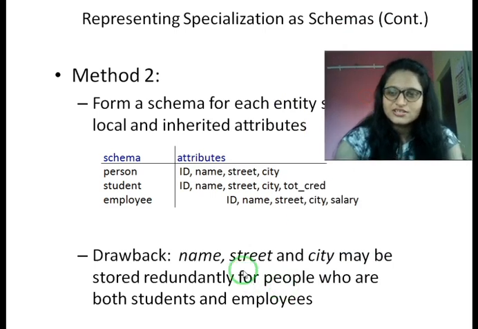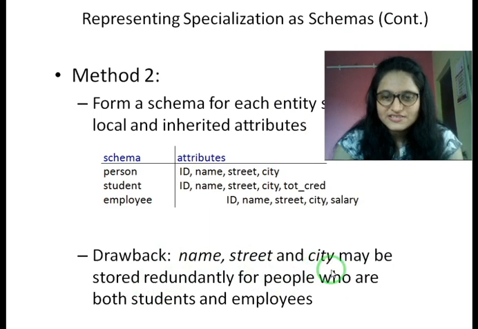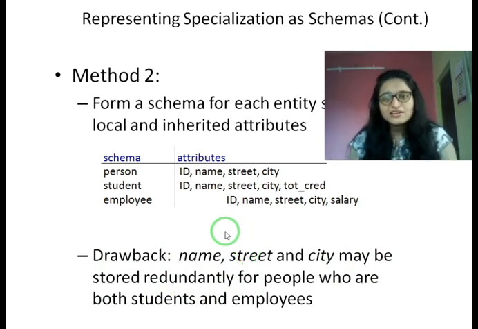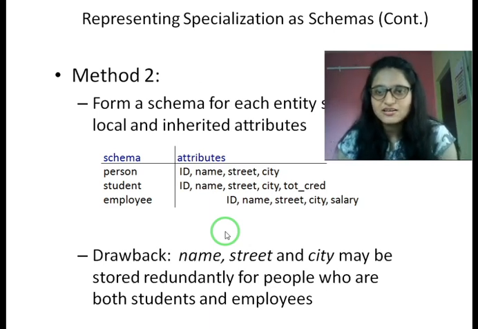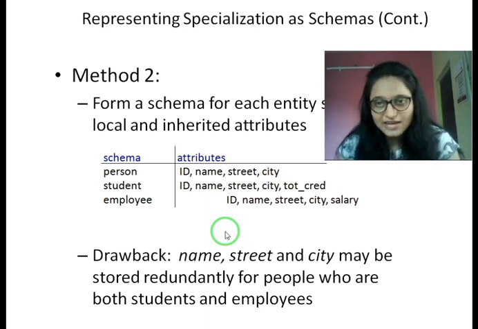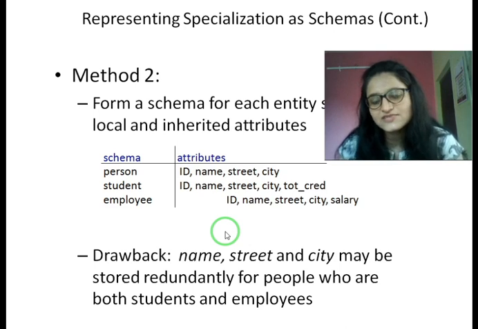But dear student, there is also one drawback in this case: name, street and city may be stored redundantly for the people who are both student and employee, right? There may be a case where some employee is a student of that university, so at that time the same data gets stored at multiple locations. This causes a redundancy problem, and there are anomalies, the updation anomaly and insertion anomaly.